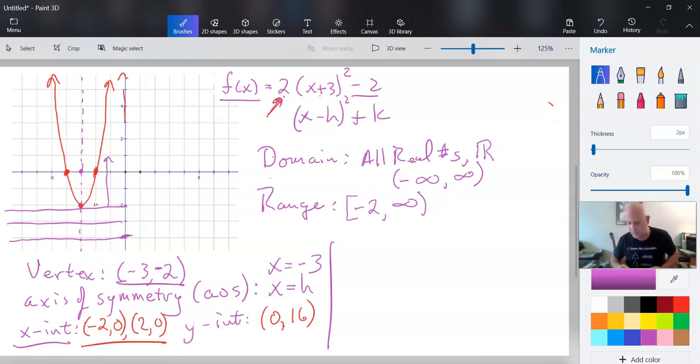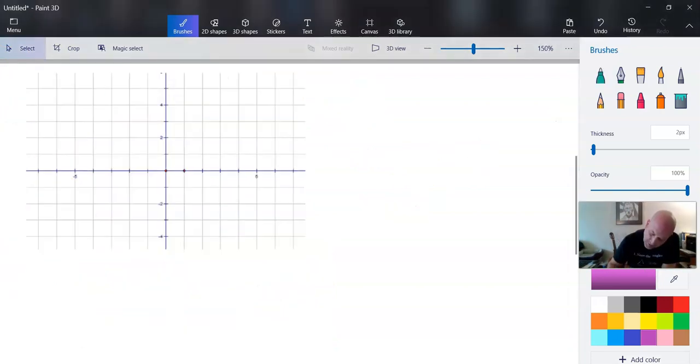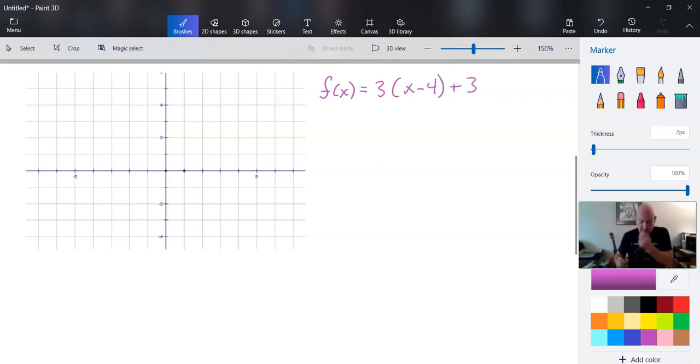Let's look at one more example here. Okay, so let's take a look at f of x is equal to 3 times (x minus 4) plus 3. What we're going to do is go through all of the stuff we need to find here. The first thing I need to find is my vertex.